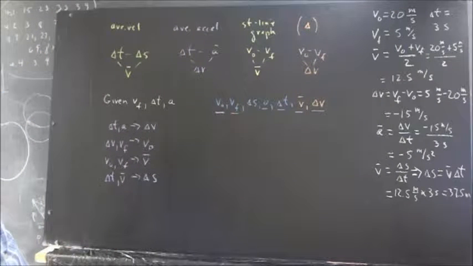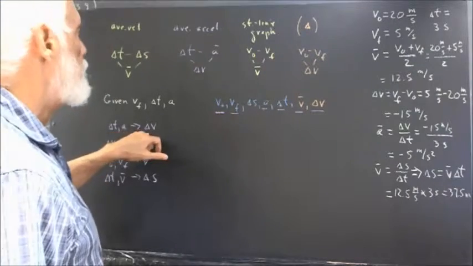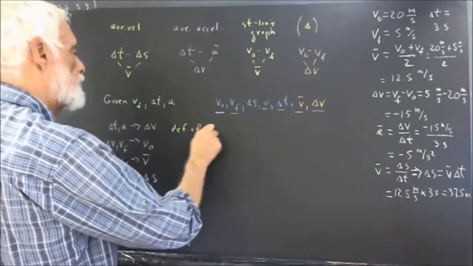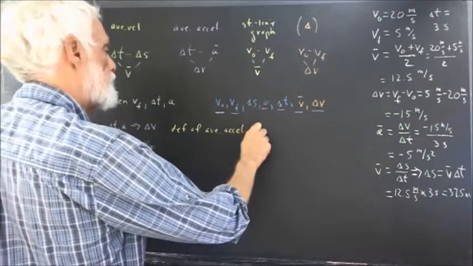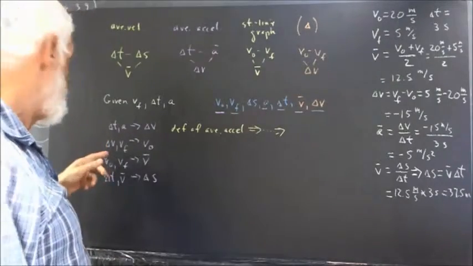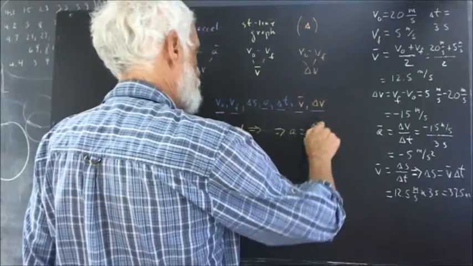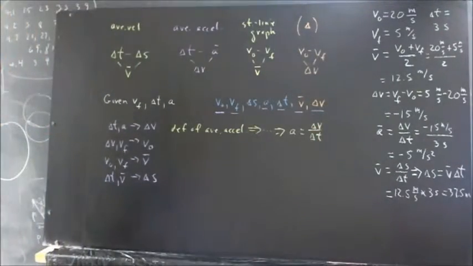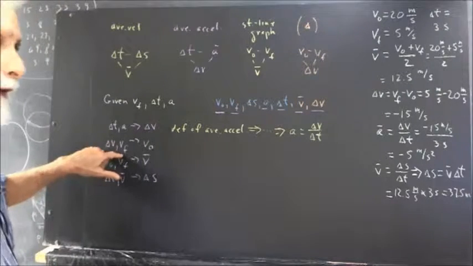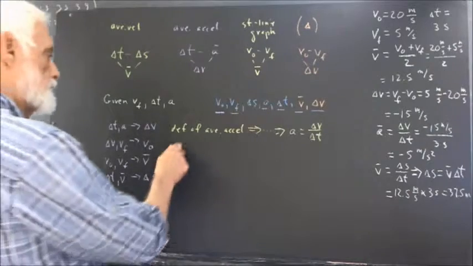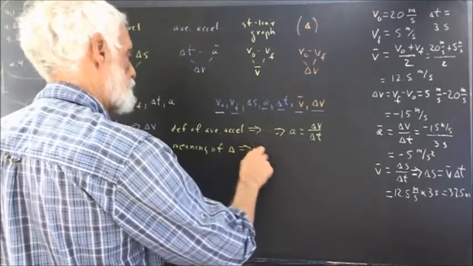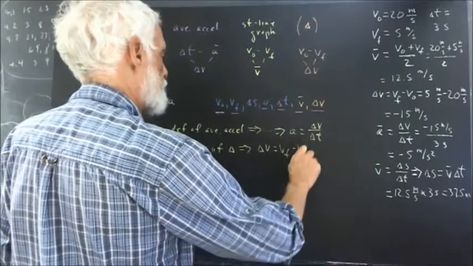Now, what are the specific relationships among these things? Well, delta T and A come from the definition of average acceleration, which implies through the definition of average rate that acceleration is delta V over delta T. Knowing delta T and A, we multiply delta T on both sides, we're going to get delta V. Okay, delta V and VF: the meaning of delta says that delta V equals VF minus V naught.